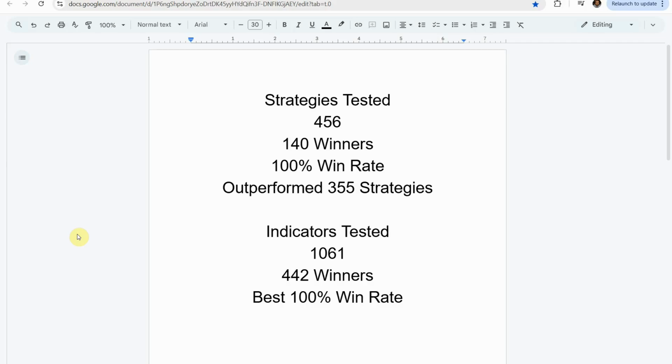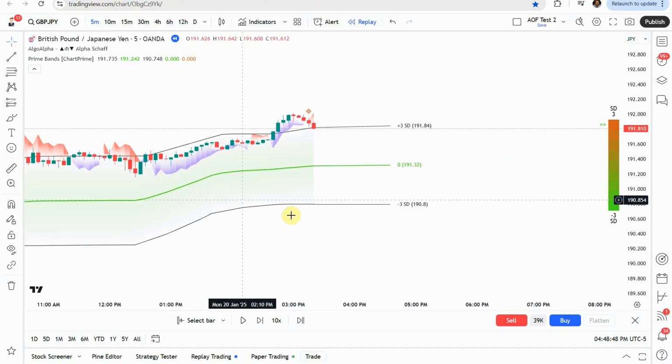That was achieved on a live trading account, trading the Academy of Forex indicator on the crypto scalping strategy that I'll mention in this video. And so far, since we've been keeping track, it has outperformed 355 of the other strategies that we have put it up against, every single one so far. We've also tested a total of 1,061 indicators with 442 of them being winners.